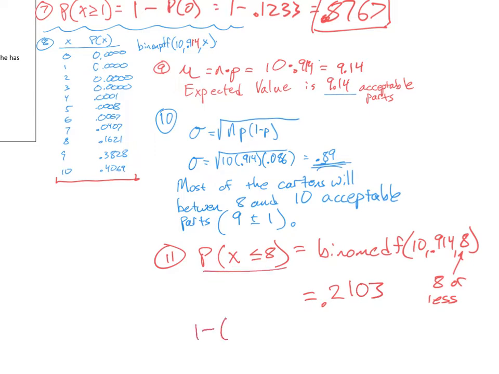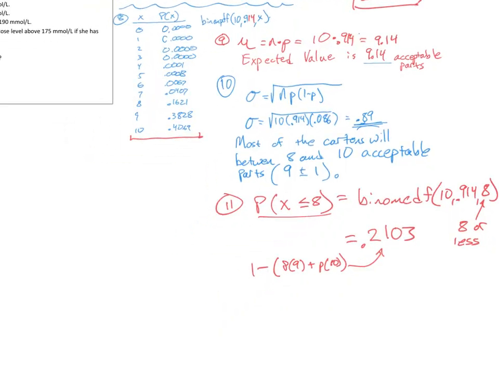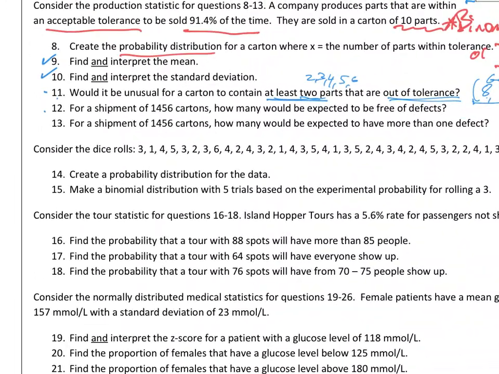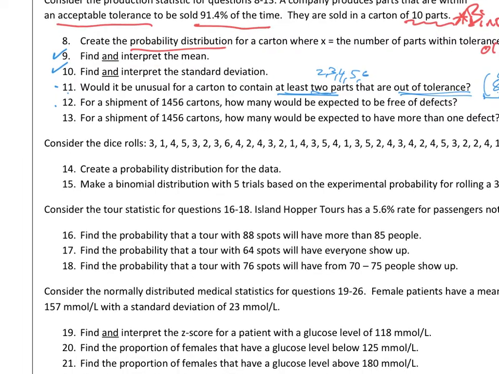The other way to do this is to take 1, the grand total, and subtract off the probability of 9 and the probability of 10, because those are the 2 outcomes that don't satisfy the requirement, and we'll get the same thing. And so is it unusual?